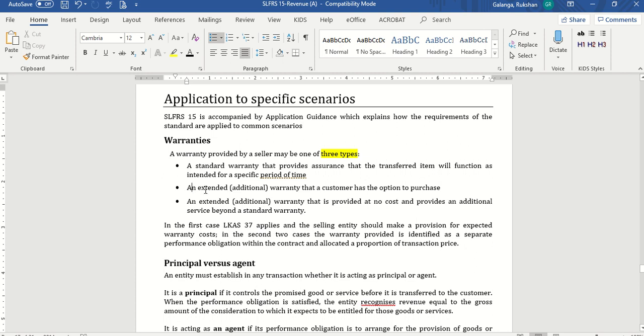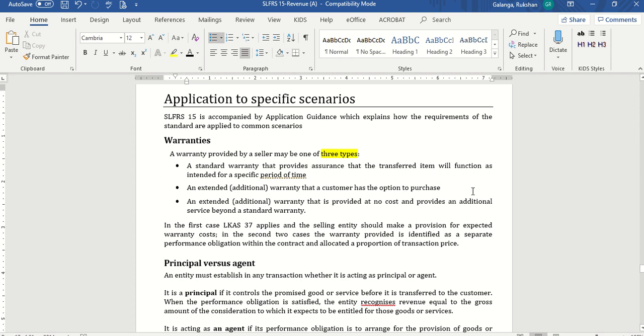The second one, an extended or additional warranty that the customer has the option to purchase. For some assets, some companies are saying, yes sir, normally we give you a 2-year warranty. If you need an additional 1-year warranty, you may have to pay. That is called an extended warranty, right? Additional warranty, the customer has the option to pay.